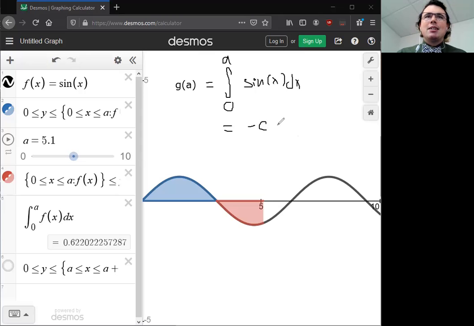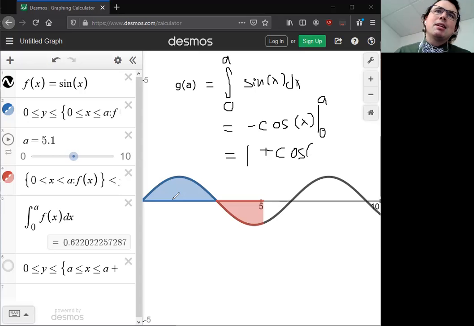So to calculate this integral, I'd have minus the cosine of x evaluated at the two different coordinates, a and 0. So it looks to be, what have I got?